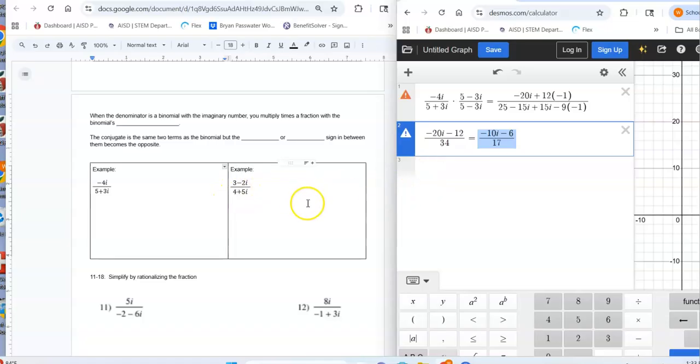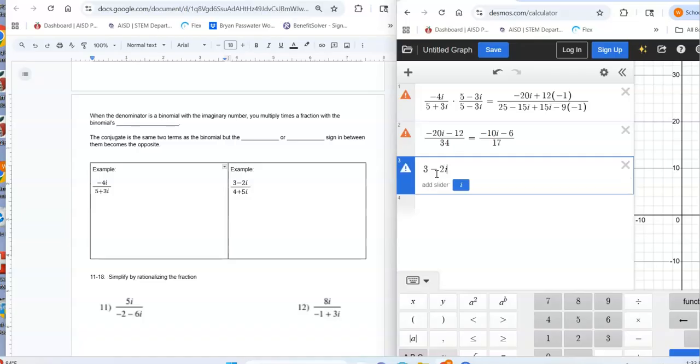3 minus 2i over 4 plus 5i. What do you do? Well, we're going to do 3 minus 2i, and then 4 plus 5i. So this is what the question says. We want to multiply times the conjugate.